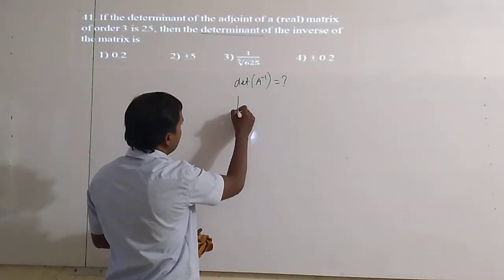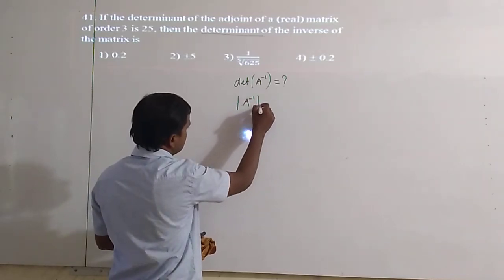So it means the determinant of A inverse, right?